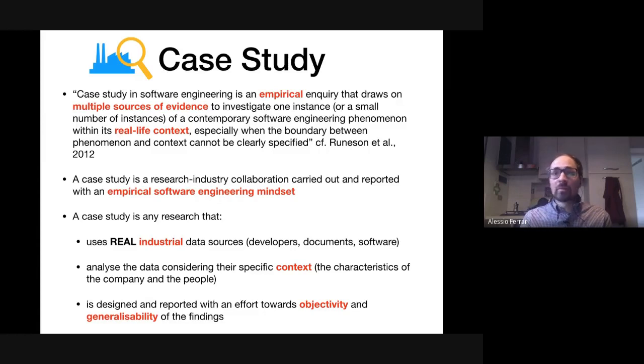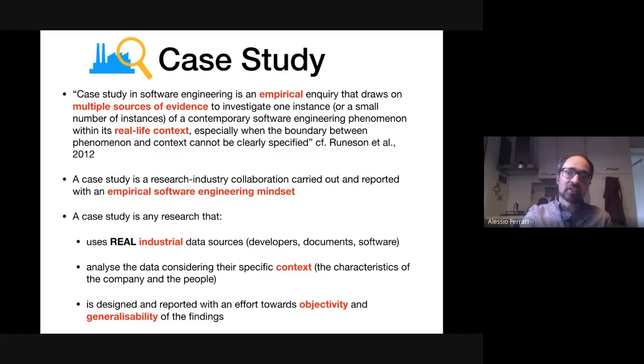As you remember from the first lecture, they involve social aspects and technical aspects, so they mix these different dimensions in a way that should be studied in a homogeneous way. Case study is the strategy to address this type of environment in a systematic way.